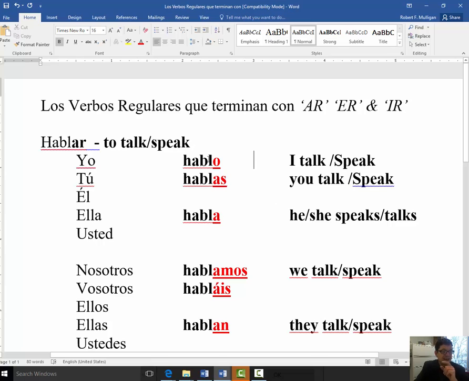This is to say that if the verb was, let's say, mirar, to watch or look at, you do the same thing. You take the AR off, put the O. Yo miro. Yo hablo, yo miro. So it's very systematic. Same here. Tú hablas, tú miras.